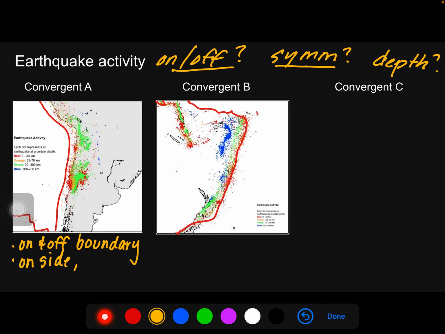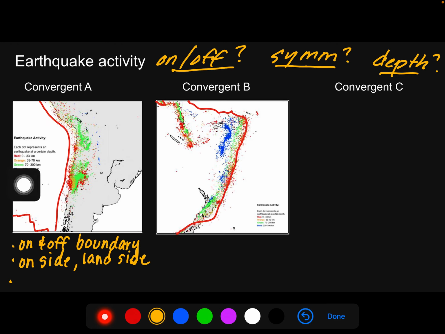And the tricky part is I can't accurately state left side, right side, north, south, because I want to make sure I'm being specific to the features. So if I'm labeling a side, I would say land, or the continental side. And the last question here is depth. So looking carefully at our scale, we definitely have red, shallow earthquakes.